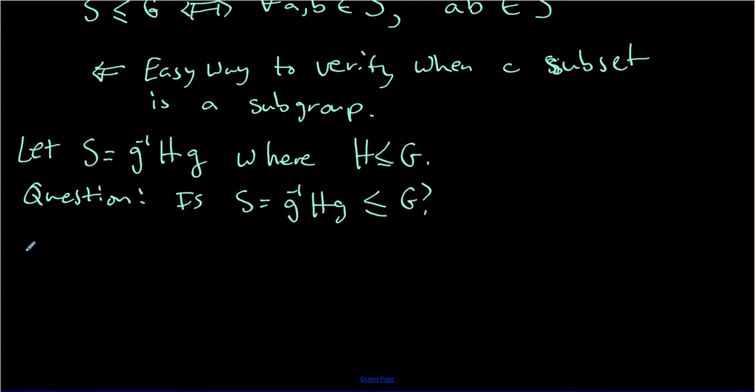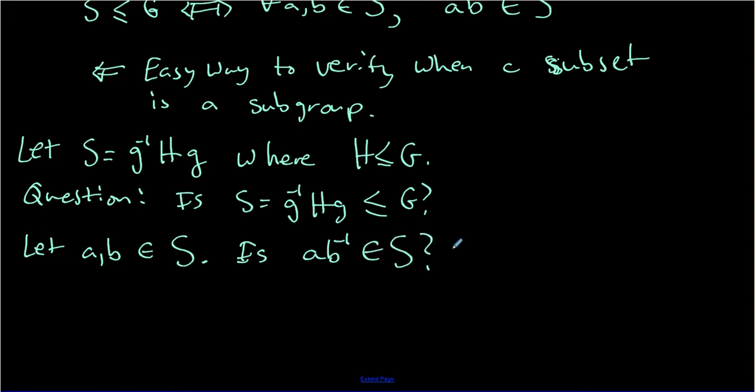Well, we start by picking two elements of S. So we let A and B both be elements of S. We want to know, is A B inverse an element of S? Because if the answer is yes, then we know that S is a subgroup. And if the answer is no, then we know that S is not a subgroup. And so that's how come we call this the subgroup criterion theorem.